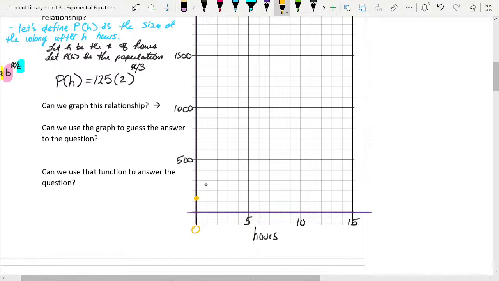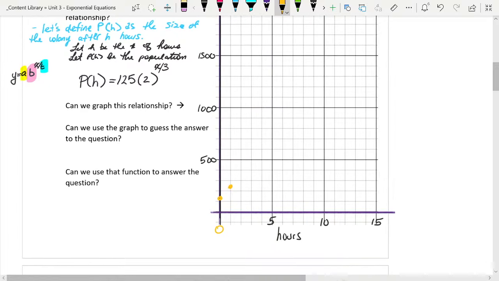At 1 hour, what did we say it was? 250. Wait, where'd you get 250 from? Oh, sorry, it shouldn't be at hour 1. It doubles every 3 hours, so at hour 3, it should go up to 250.